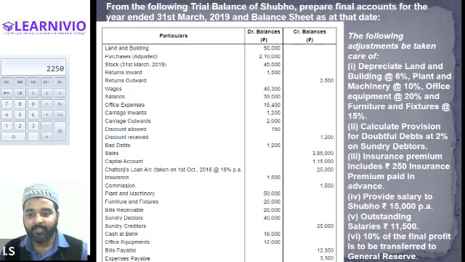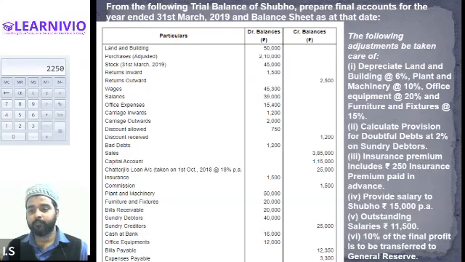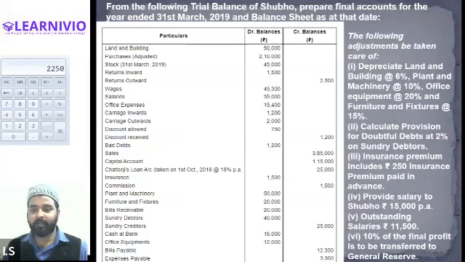After that we have plant and machinery, right? Do we have any adjustment entry regarding plant and machinery, guys? Yes, sir. Please tell me what is the adjustment entry regarding plant and machinery? Depreciation. Depreciation, correct. So we need to depreciate plant and machinery by how much percent? 10%. 10%, correct. So it is simple.